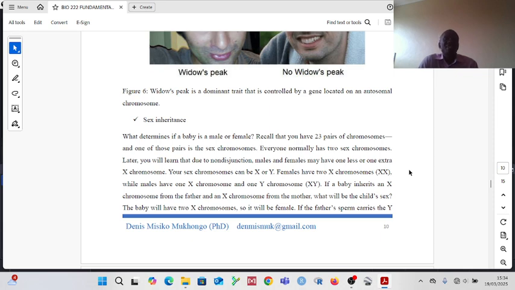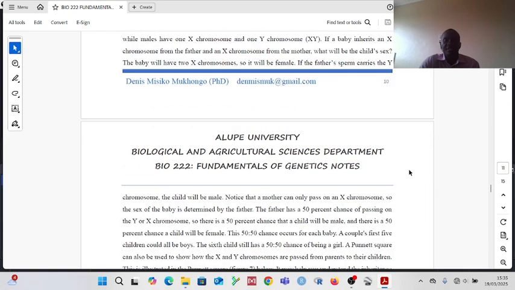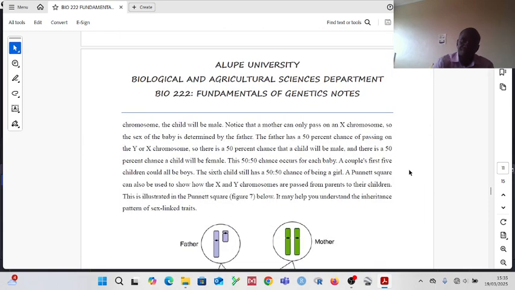But if a baby inherits a Y chromosome from the father and an X chromosome from the mother, the child will be a male. Remember the mother can only give an X, that's all she has. It is the father who can give either, so it is the father who determines the sex of a child.